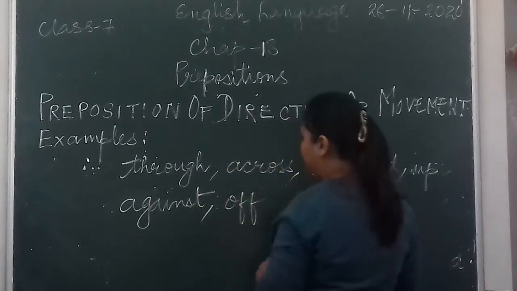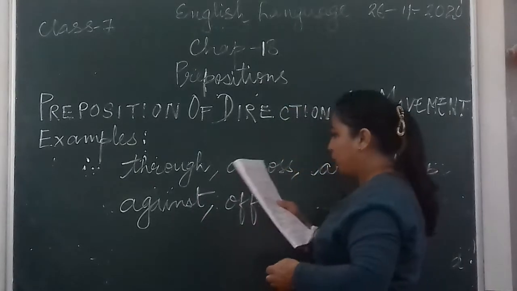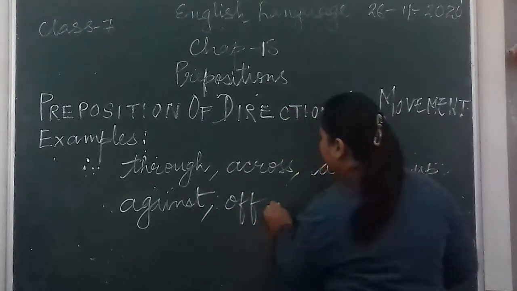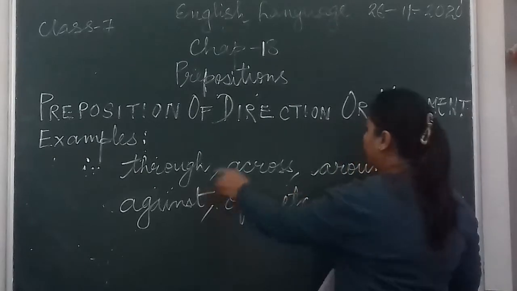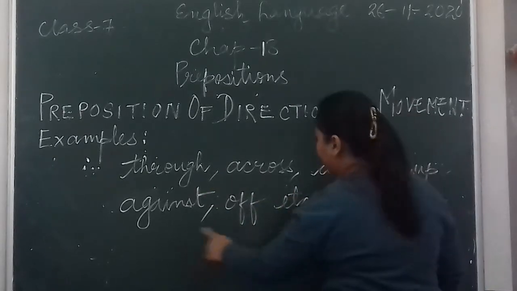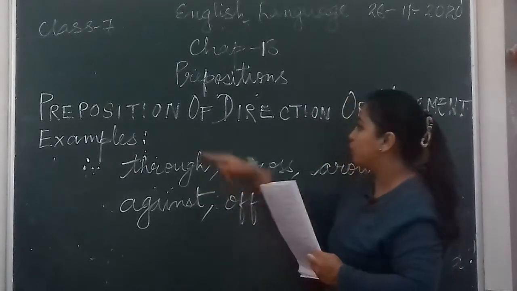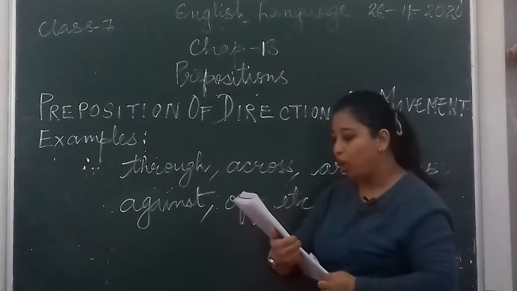Till and until are prepositions of time. So these are a few examples, etc. Through, across, around, up, against, of: these are a few examples of preposition of direction or movement.